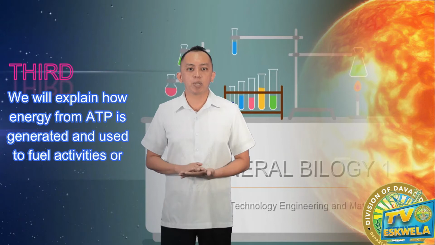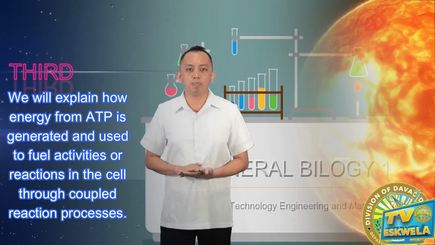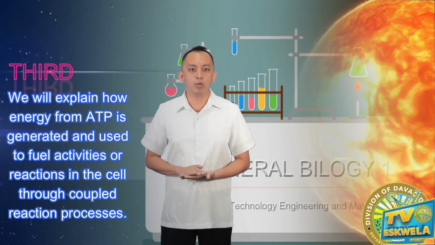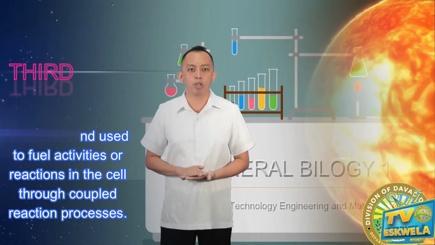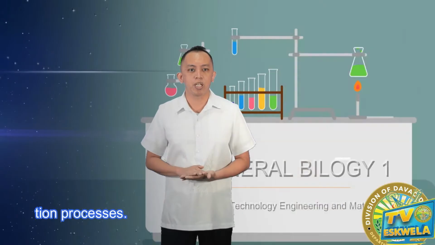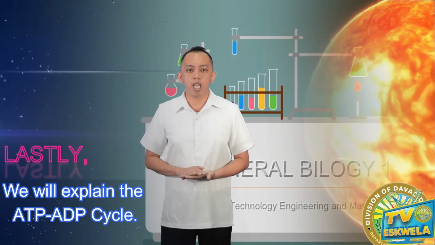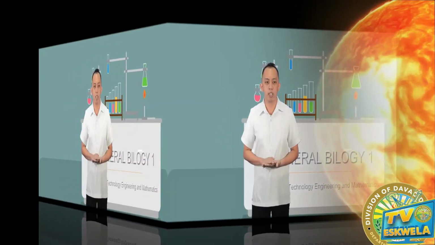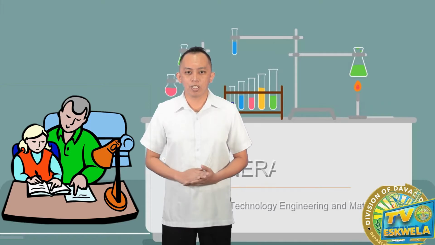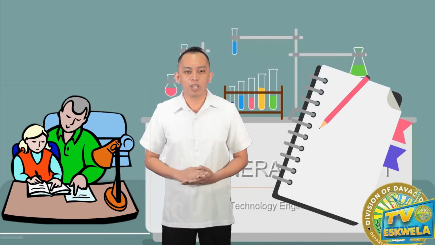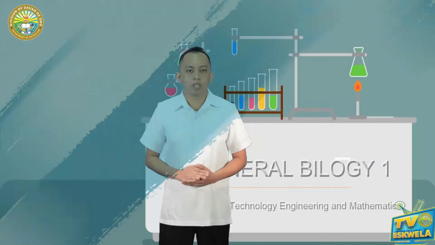Third, we will explain how energy from ATP is generated and used to fuel activities or reactions in the cell through the coupled reaction process. Lastly, we will explain the ATP-ADP cycle. And now, sit back, focus on the discussion, take down notes, and let's begin.